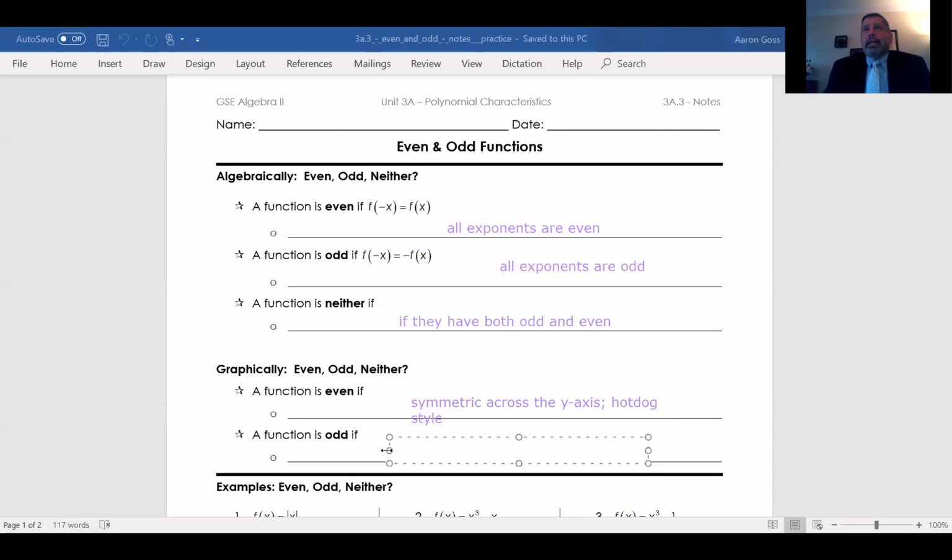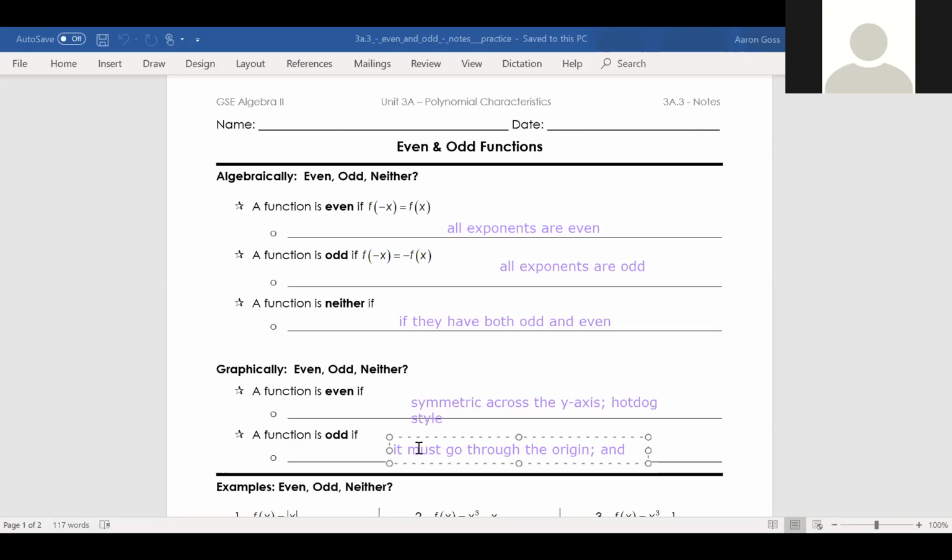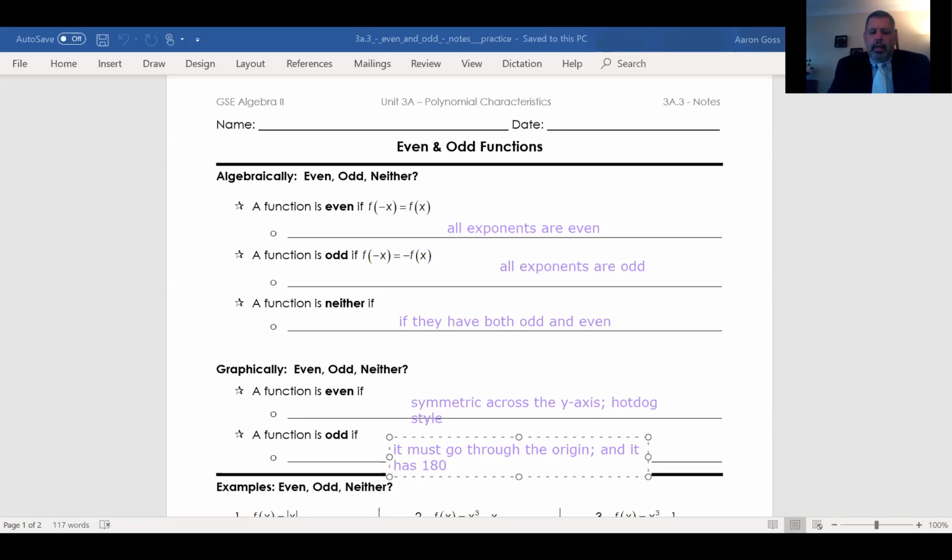So a function is odd. Again, I'm just looking at the graph now. Two things have to happen. If you recall, it must go through the origin, and it has 180 degree rotational symmetry.